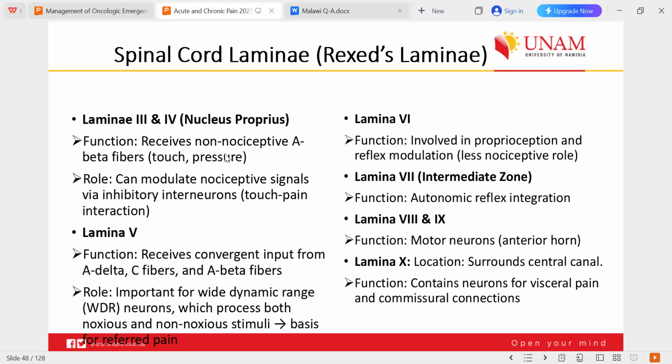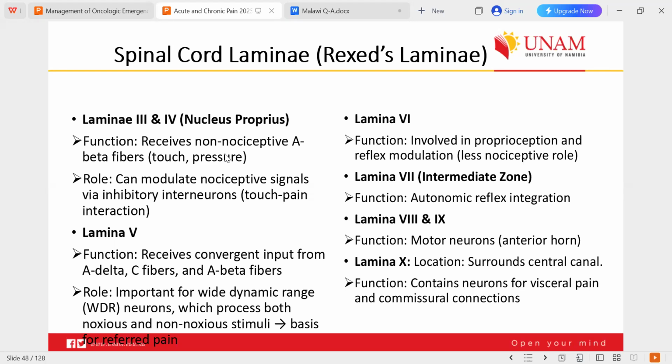Lamina 5 receives convergent input from different fibers, the A delta, C, and A beta fibers, and is important for the wide dynamic range neurons, all right, which process both noxious and non-noxious stimuli, and is the basis for referred pain, like the pain of MI, myocardial infarction.